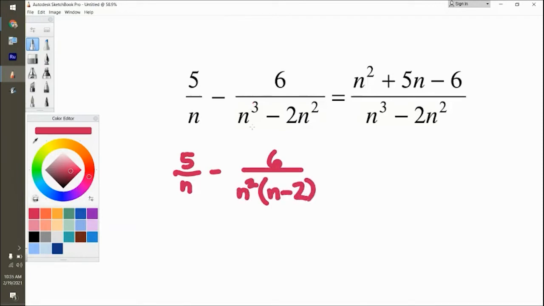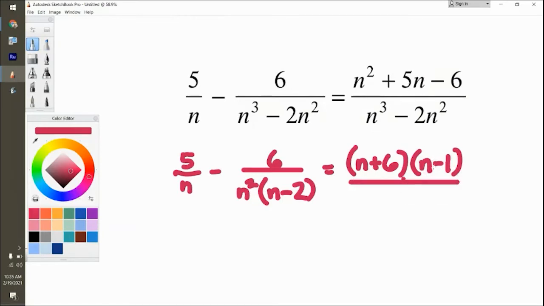So I factored out an n squared from this. Get that. N squared plus 5n minus 6 is going to factor to 6 and n minus 1. Okay. And remember, you have to think of two numbers that multiply here and add to get here. Okay, so it's 6 and -1. So that's review. And then we still have the n squared times n minus 2.